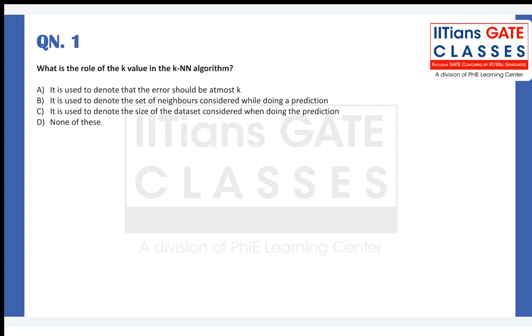That is correct. So the role of k means how many neighbors will you consider for a given point x while you do a prediction. Good.